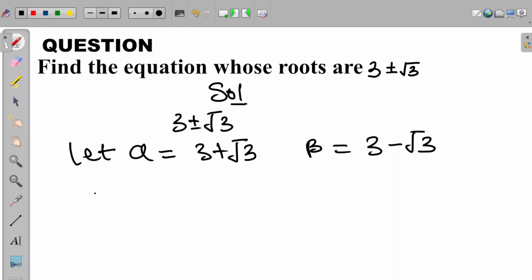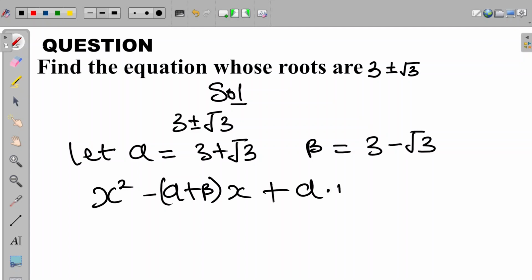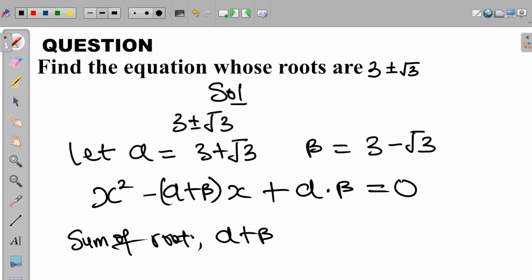So recall that we have x squared minus alpha plus beta enclosed in the bracket multiplied by x plus alpha times beta equal to 0. So for our sum of roots, which is alpha plus beta, we have that 3 plus root of 3 plus 3 minus root of 3.